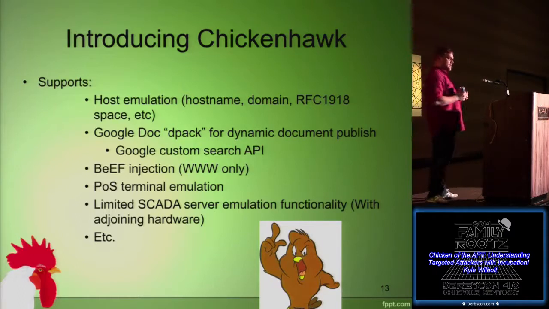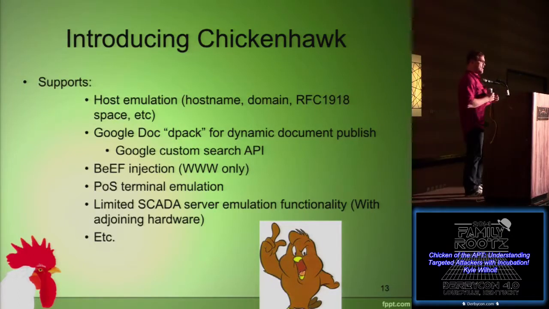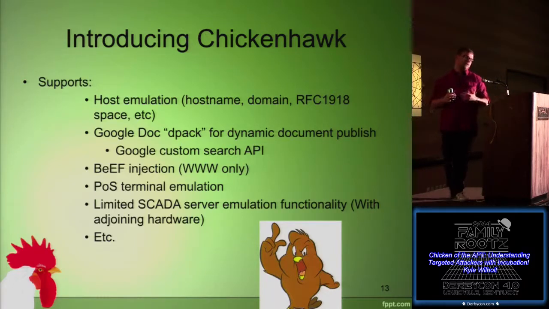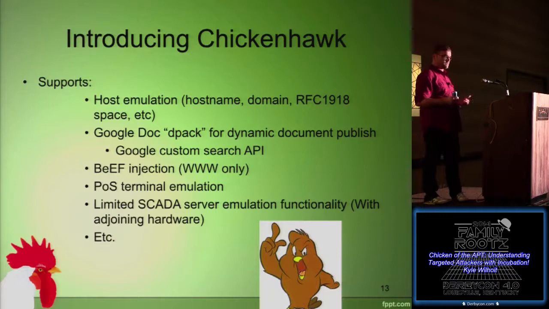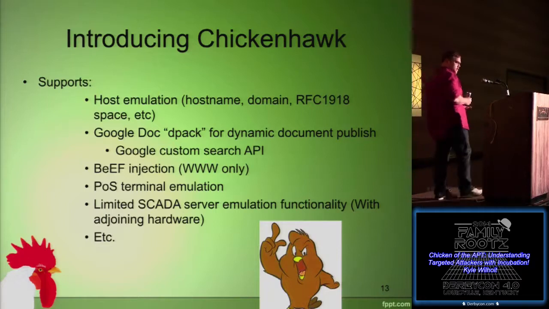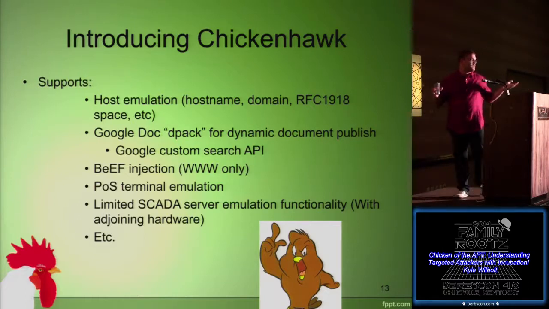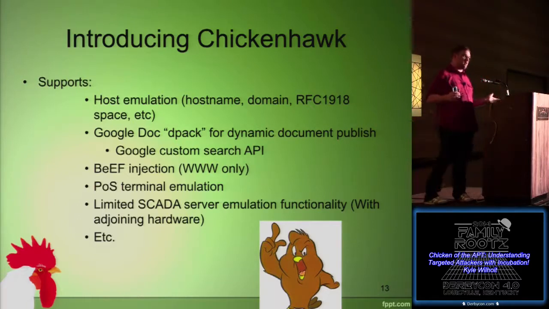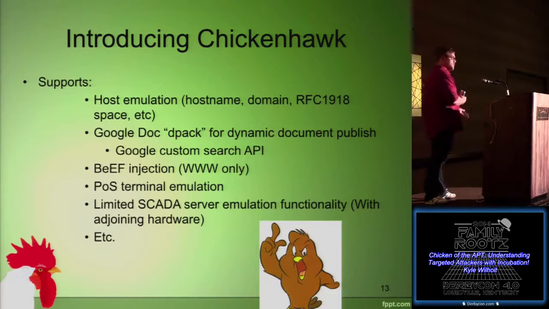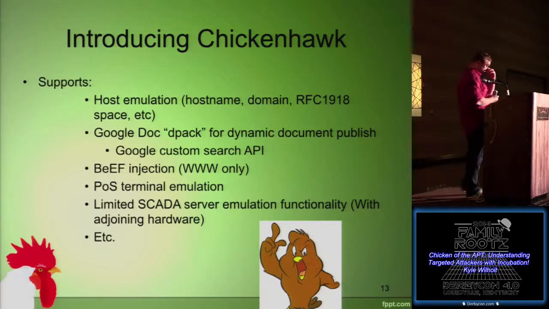It pulls those documents down, compiles them into a document pack, and then sprays them across the environment to make them look like they're being used in a real environment. So in one host it might be under My Downloads, in another host it might be underneath the root of C, who knows. But it sprays it out dynamically to make it look as though these users are actively using these documents.